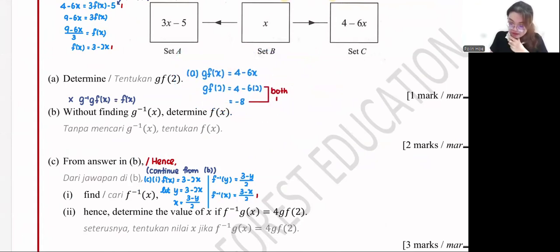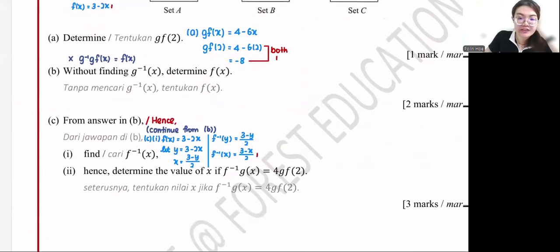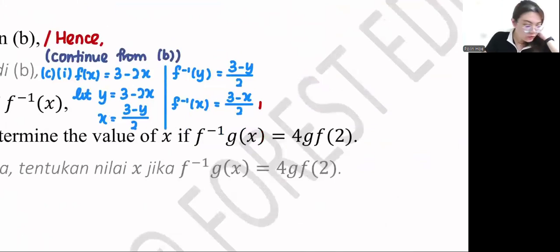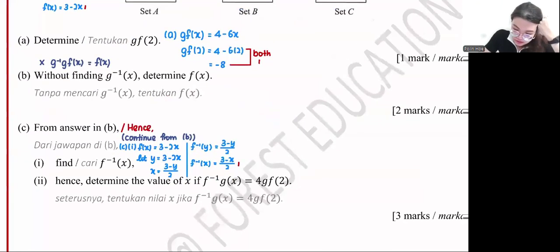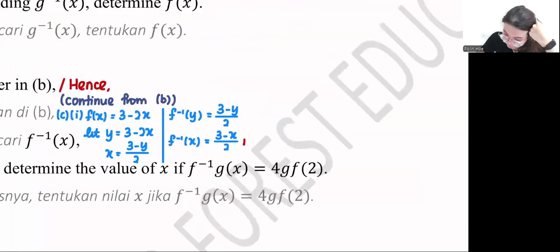And C part 2. Hence, determine the value of x if f inverse g(x) equals to 4gf(2). I need you to highlight something. Did you realize gf bracket 2, my orange color one?